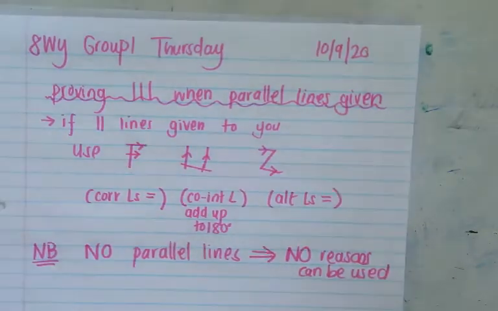Even though we are very tempted to find alternate angles and corresponding angles, if the parallel line is not there, you cannot use it.